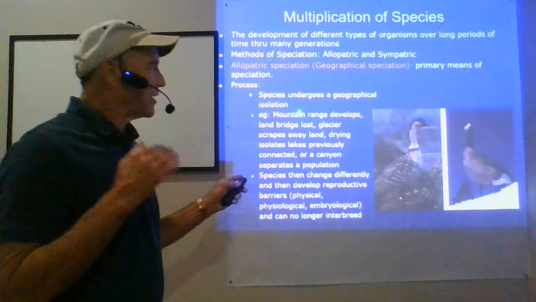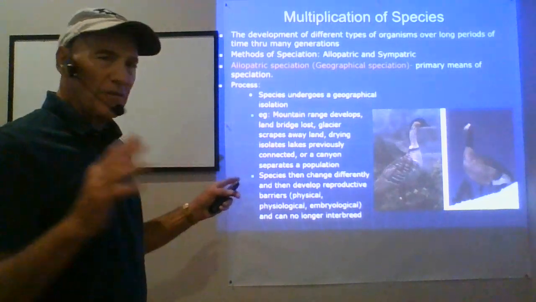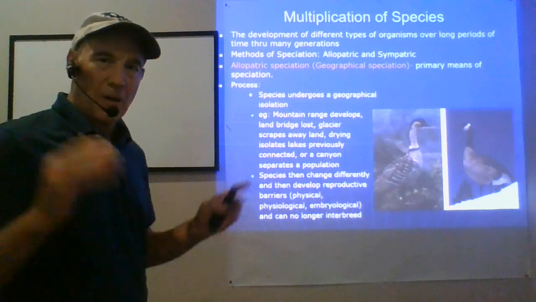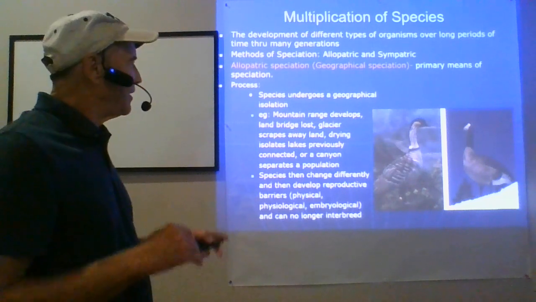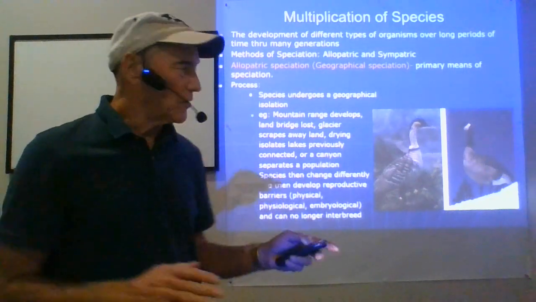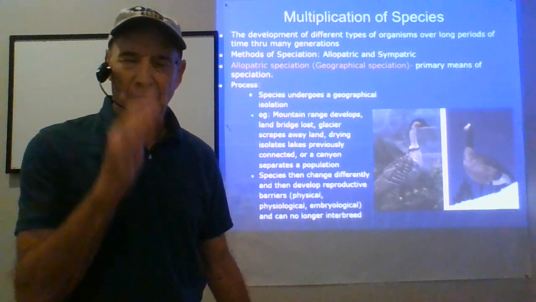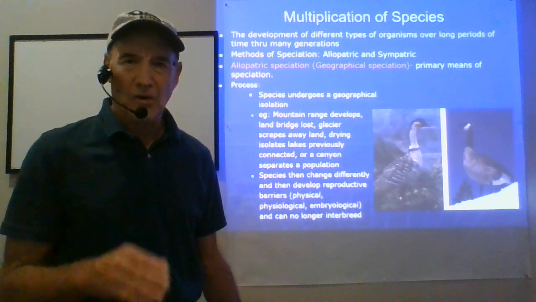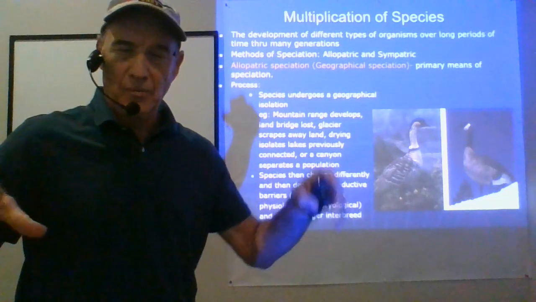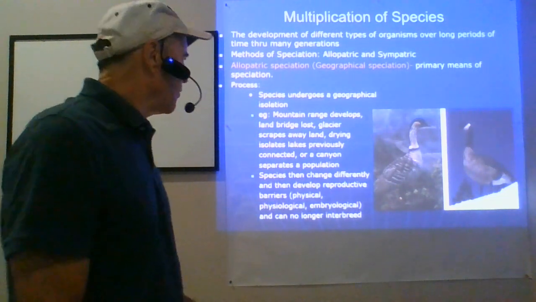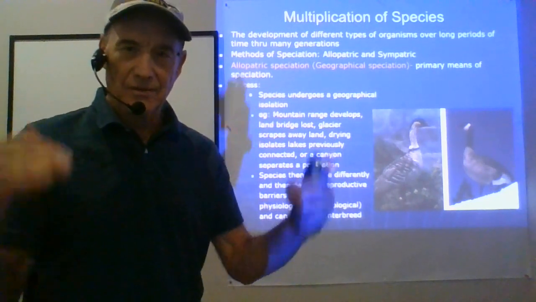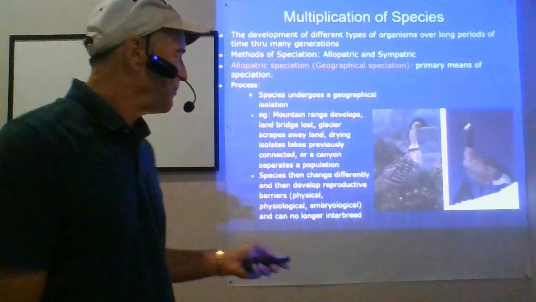And so here's what happens. Say you have a population of common organisms, a common species. And something develops in the environment to divide them up. You know, a mountain range develops, or a glacier comes, or a lake dries up and ends up with 2 ponds instead of 1, or an earthquake happens and a canyon forms.